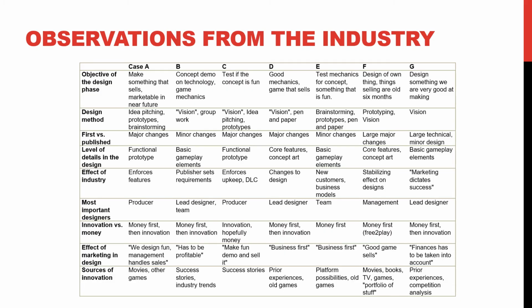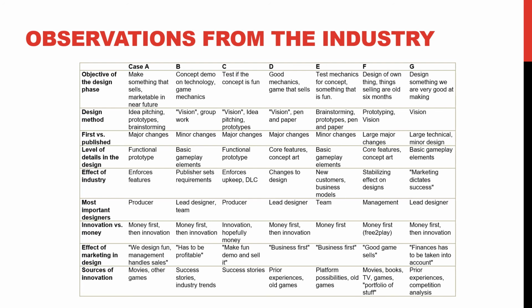So taking a quick look, because this isn't very important for this lecture, at how the games are designed by these same case studios we watched earlier, the design phase is almost always about good mechanics, concept demos, testing mechanics, and making something marketable in the future.